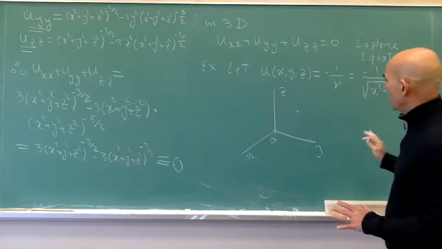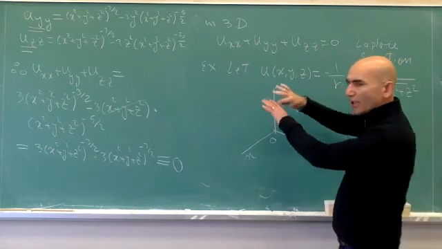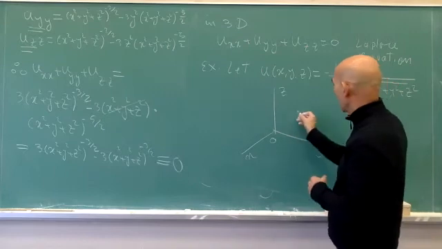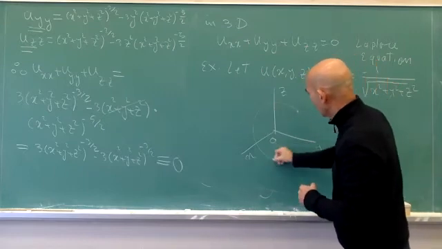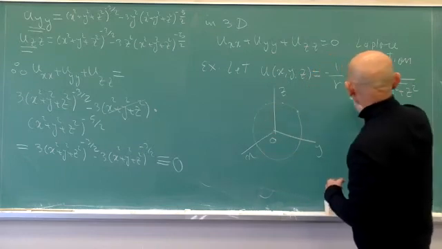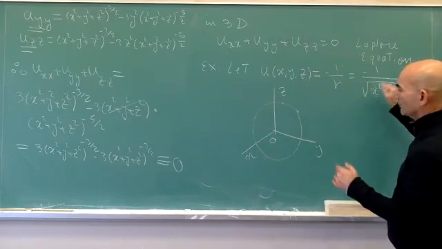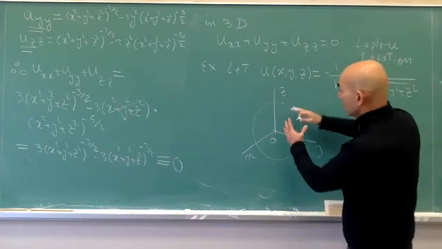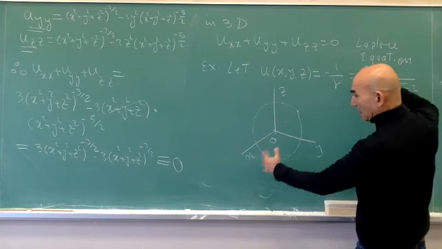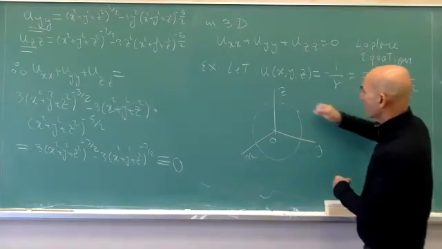But just look at the behavior of this function. This function is constant on these spheres of radius r, right? On each sphere of radius r, at all these points, the function is constant, and its value is 1 over or minus 1 over the distance. So as you go out to infinity, this function diminishes with the ratio of 1 over r.